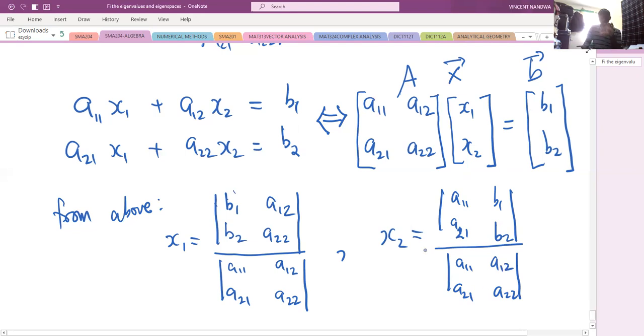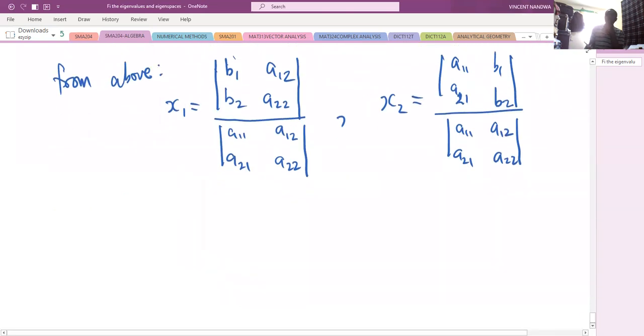And so this concept can be generalized for a case where we have a system of n equations in n variables. So theorem, the Cramer's rule.